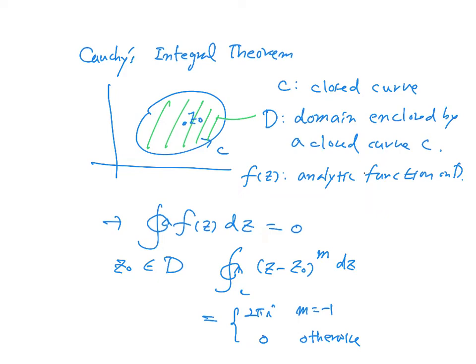So this integral is 2 pi i when n is minus 1 and 0 otherwise.